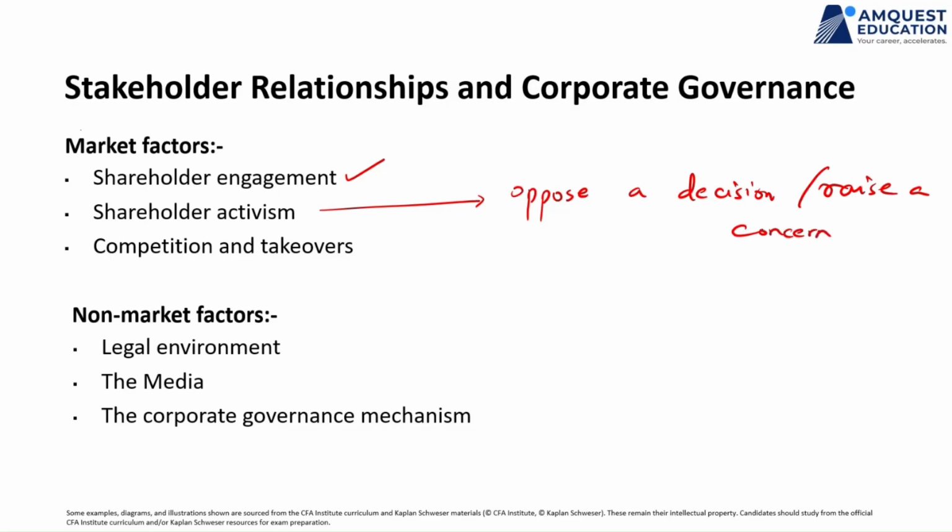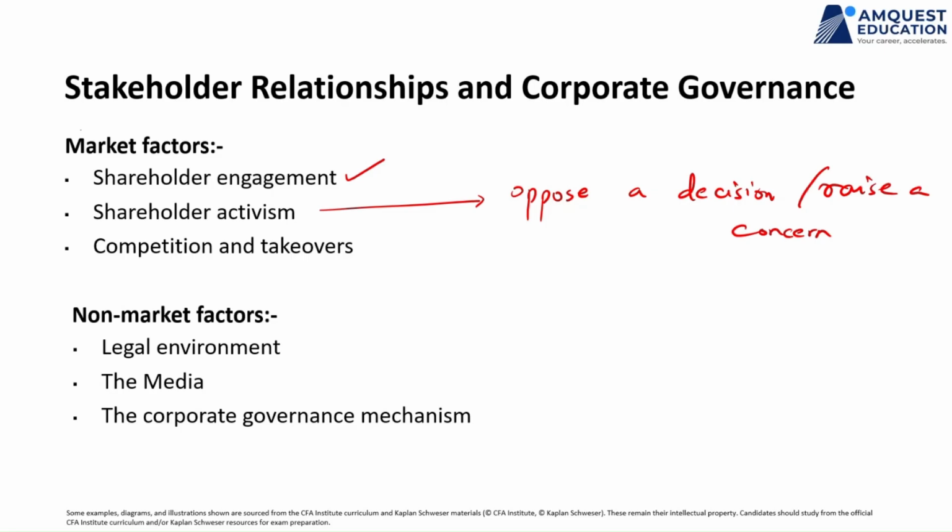right? The concern could be very simple. For example, the shareholders come and say in an annual general meeting that we believe our company is offering compensation to the CEO which is higher than what competitors offer to their CEO.